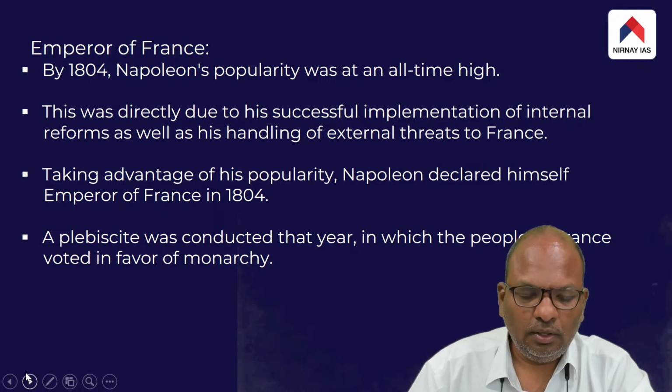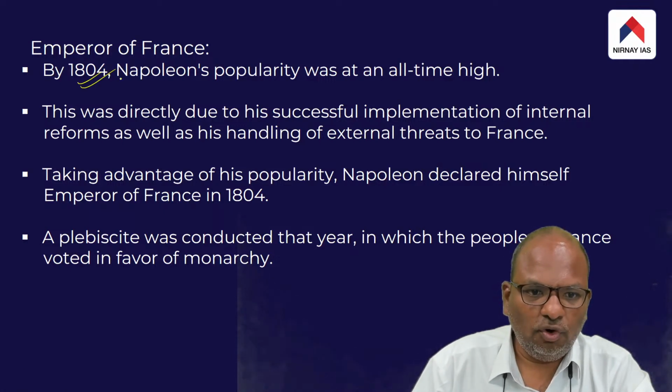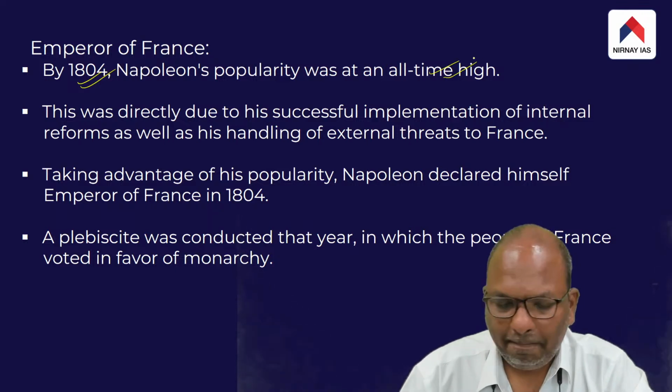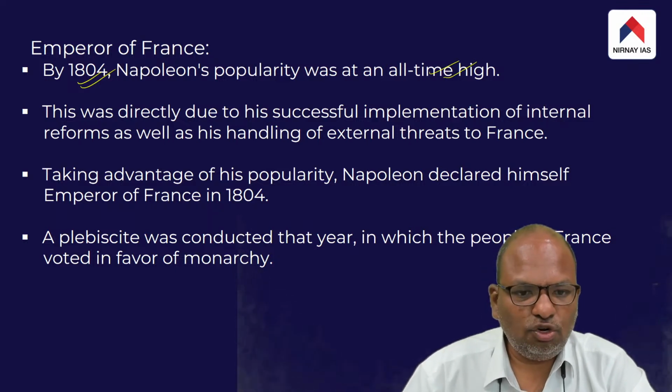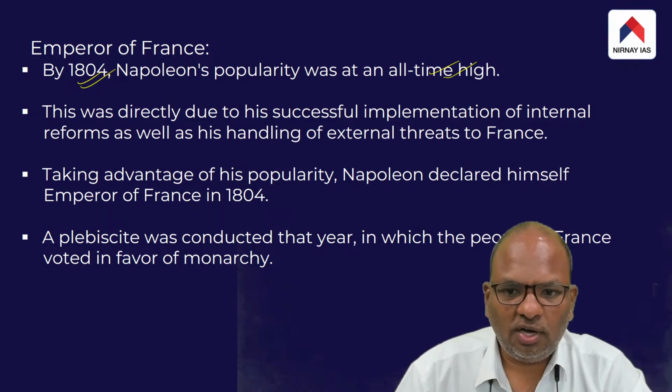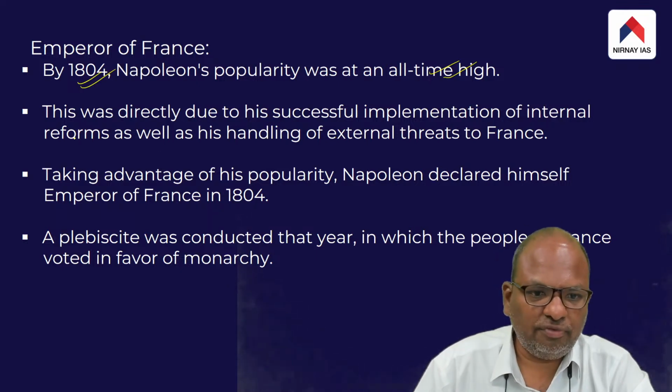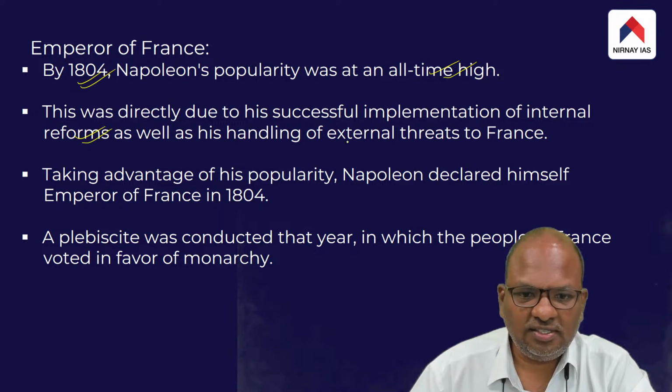By 1804, the popularity of Napoleon was at an all-time high, and this was directly due to his successful implementation of internal reforms, as I just told you, as well as handling of external threat to France.